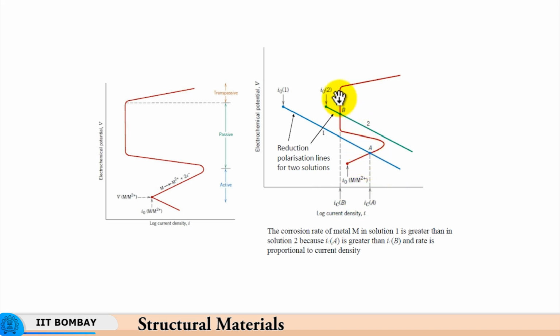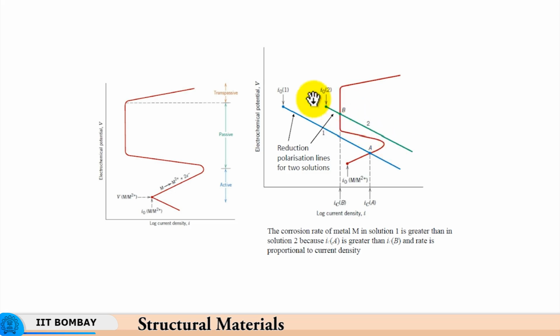Whereas in this case, the reduction polarization line shows that reduction polarization is taking place at higher electrode potential and the current density is increasing, electrode potential is decreasing as shown here.